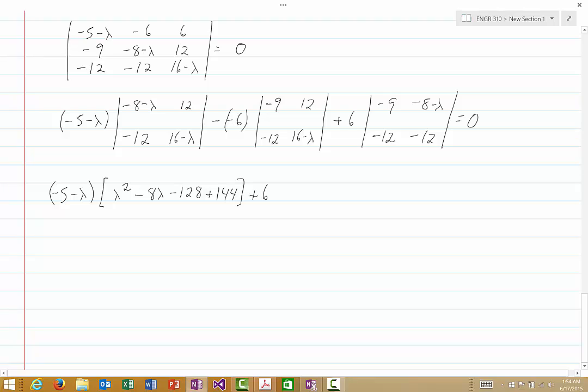Plus 6, I'm taking negative of the negative, so we get plus 6, times, here we will have 9 lambda, minus 144, plus 144.